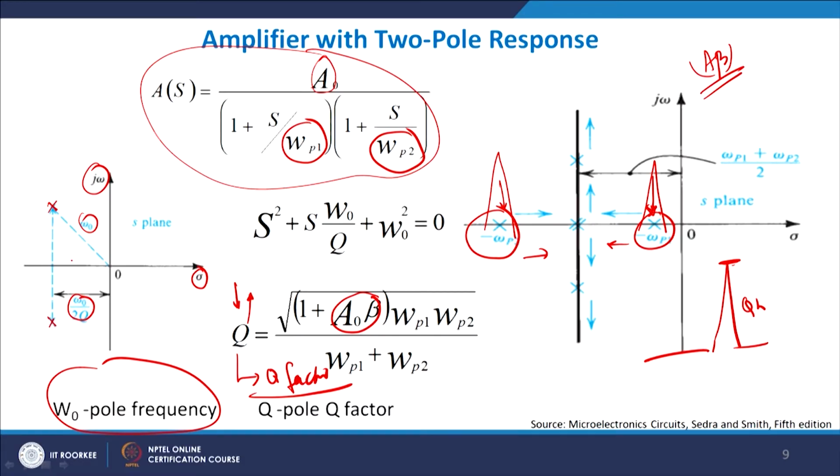Now if you bring these closer, then as a result you are bringing the poles closer to the j omega axis. So you are allowing it to go for sustained oscillations, but that will only be possible provided you are able to enhance the value of your loop gain, or reduce the value of your Q, then only this will be possible.